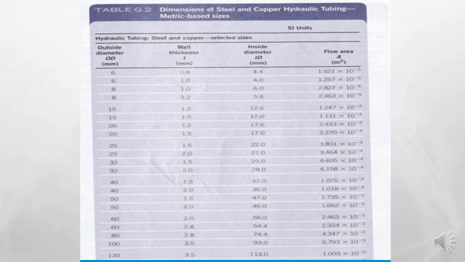This is table G2, which we will use because we need the inside diameter. The information given to us is the outside diameter and wall thickness, so we need to get the inside diameter and flow area. We are using the correct table, which is for steel and copper hydraulic tubing.